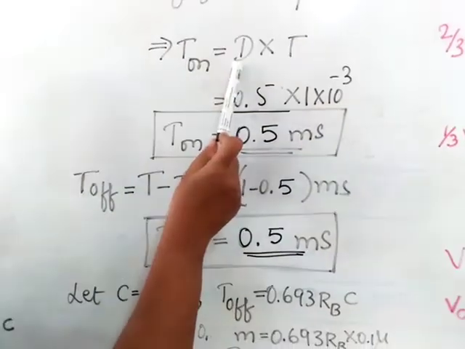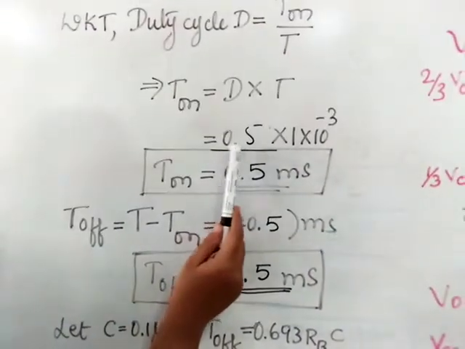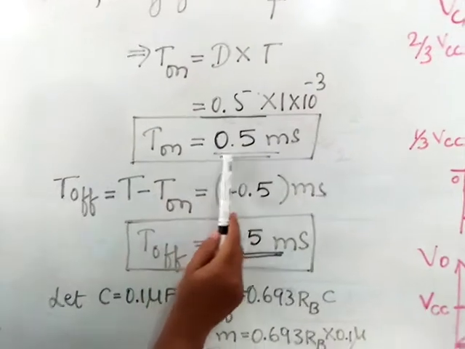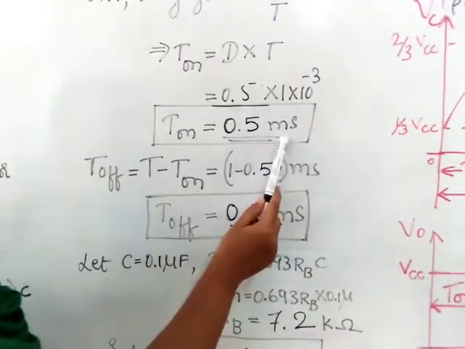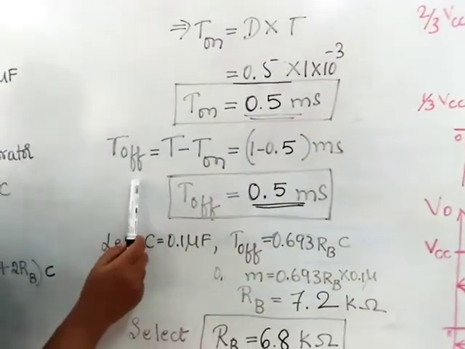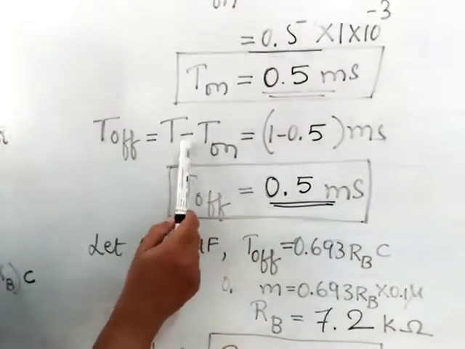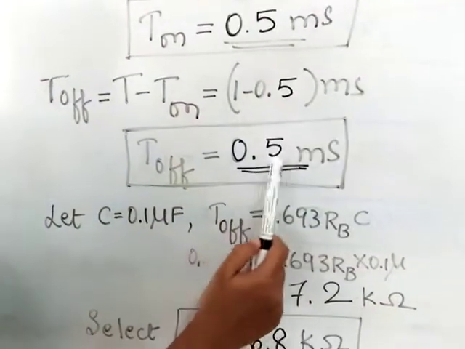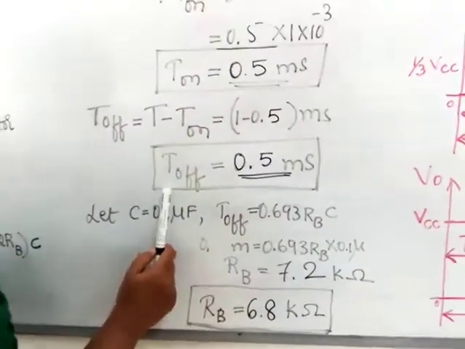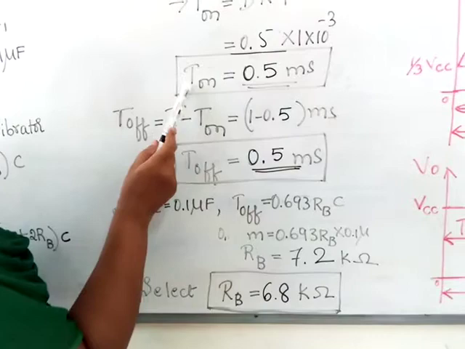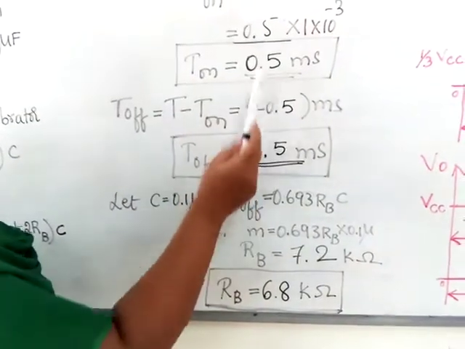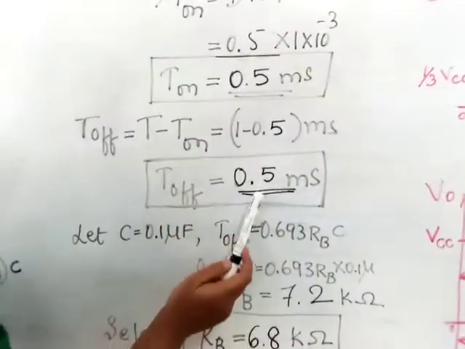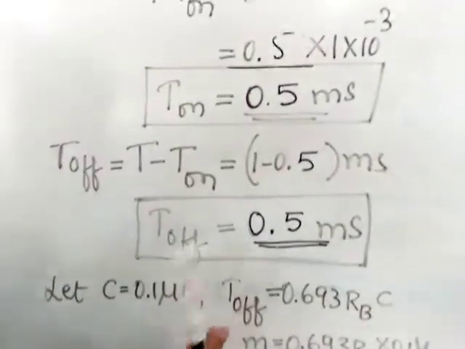Now duty cycle is 50%, so it is 0.5. 0.5 into 1 millisecond, we get T on equal to 0.5 milliseconds. Now T off is the total period minus T on, that is 1 minus 0.5, we get 0.5 milliseconds. So you can observe here T on and T off both are equal, 0.5 milliseconds. So we achieve the same width of T on and T off.